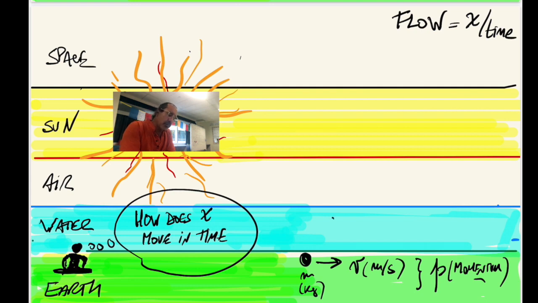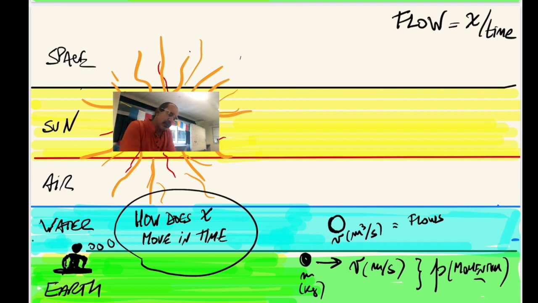What happens with the motion of water? With the motion of water, it's the same thing. A volume of water is moving, and the volume is in cubic meters. So we divide that by time, and we have the amount of water that flows per second.